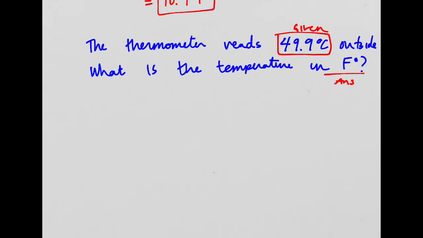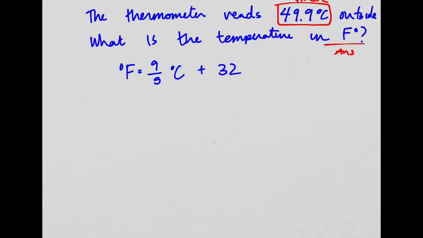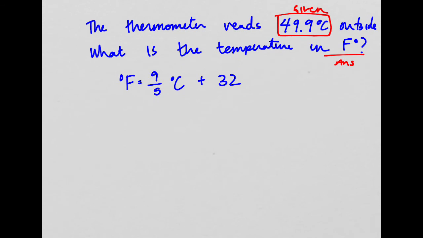So let's use the same equation. If I write the equation, then we can erase the C and plug in our actual value that we're given. I'm going to multiply here, 49.9, first because of the order of operations. And when we do that, we get 89.8. Then we're going to add 32 to that.